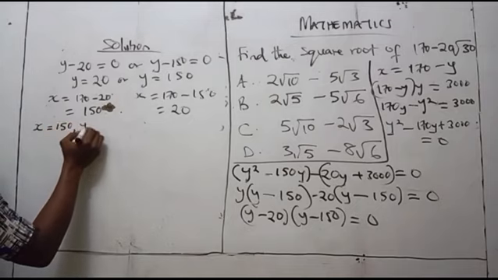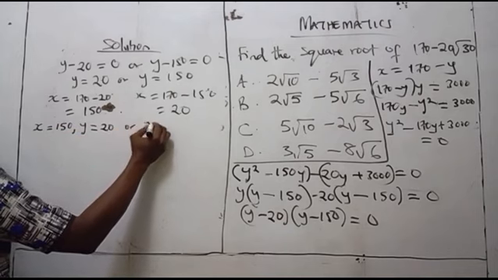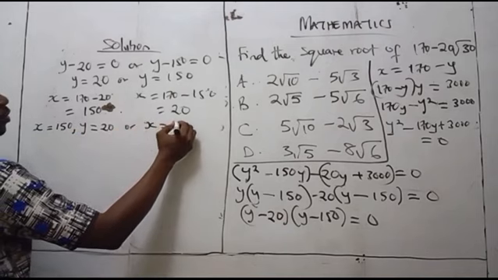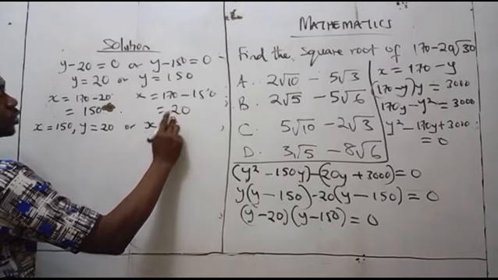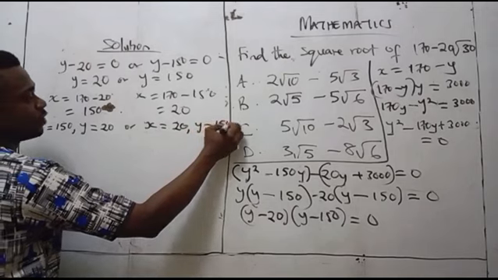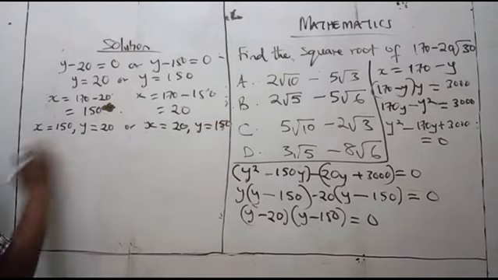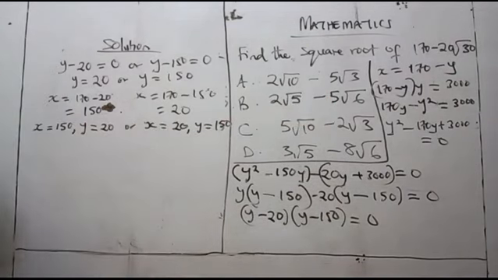So, in summary, x is equal to 150 when y is equal to 20. Or x is equal to 20 when y is equal to 150. This is because of the nature of the operation between them, subtraction.